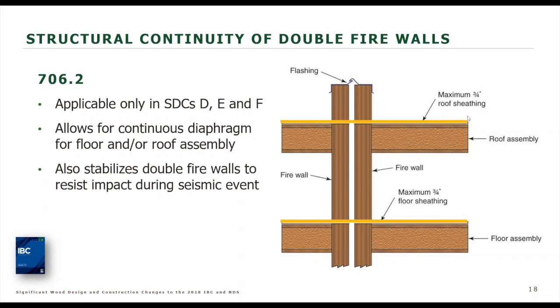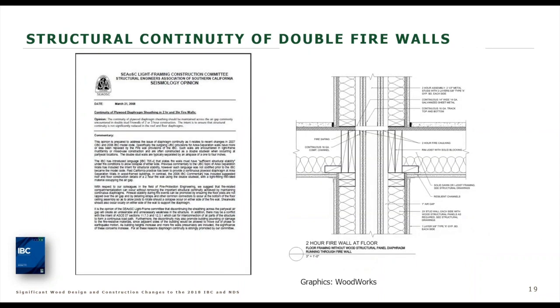And provided that it's in seismic design category D, E, and F, and the maximum thickness of the sheathing, floor or roof, is 3/4 inch. And so that became, as a result, or was started off back in 2006 when California started adopting the IBC and this requirement of having a separation between the buildings.